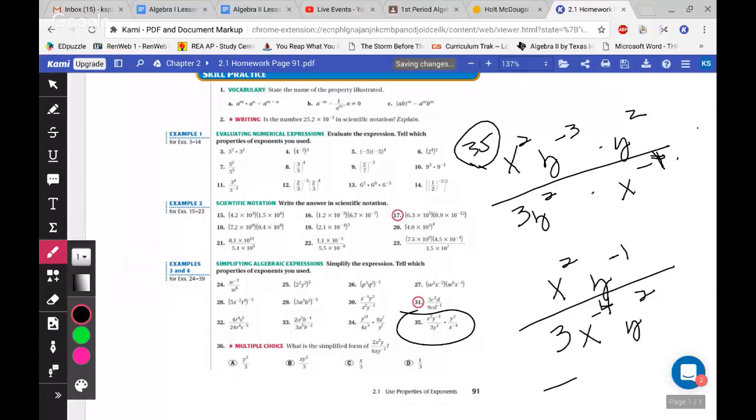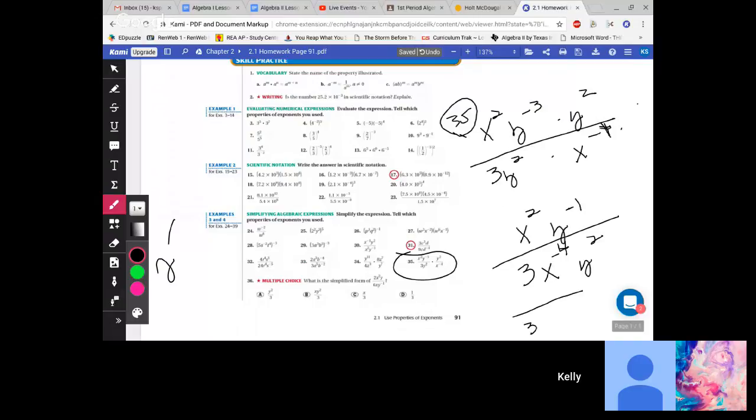So my 3 is going to stay the same because there's nothing there. And then I've got 2 minus a negative 4 equals 6, because that changes to a plus.